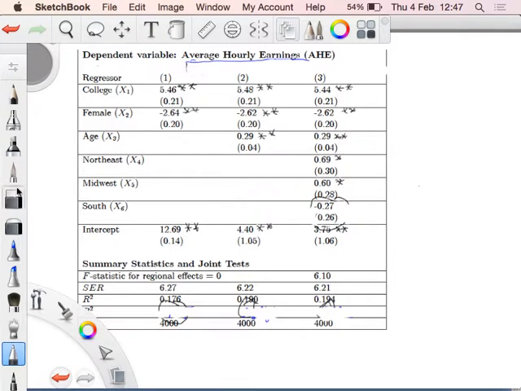Let's work out this thing, guys. Let's rewrite the equation. If that's difficult, then let's do this. This is average hourly earnings, right?